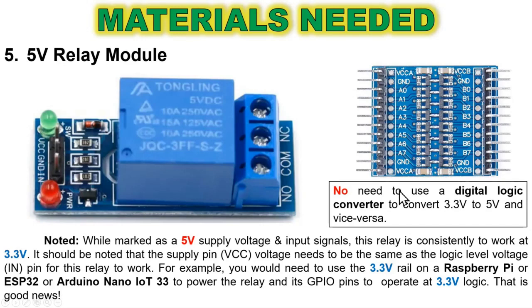For example, you would need to use the 3.3 volt rail on a Raspberry Pi or ESP32 or Arduino Nano IoT 33 to power the relay, and its GPIO pins need to operate at 3.3 volt logic. This is good news because there is no need to use a digital logic converter to convert 3.3 volts to 5 volts and vice versa.